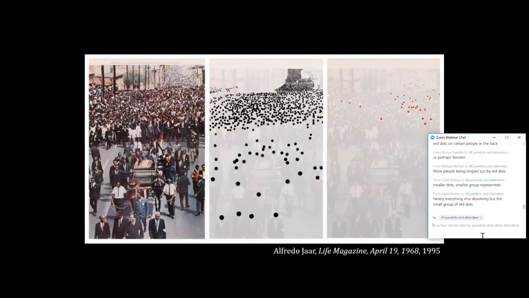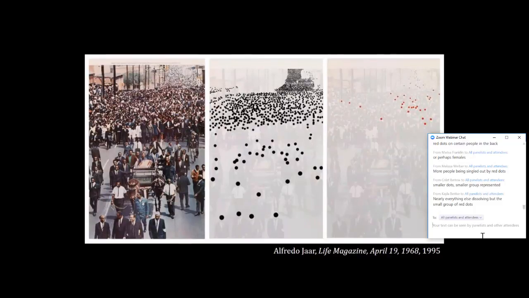So that was all happening around the time that the artist created this work. And we actually had Alfredo Jaar at the museum just a few weeks ago, because right now we're remembering the 50th anniversary of the assassination of Dr. King. So it's one of those artworks that really can put into conversation different time periods, 1968, 1995, and today.